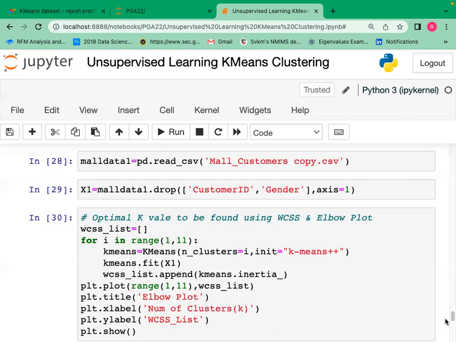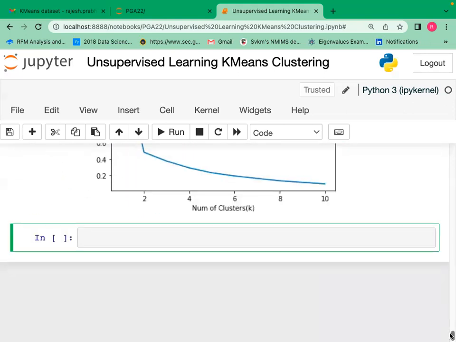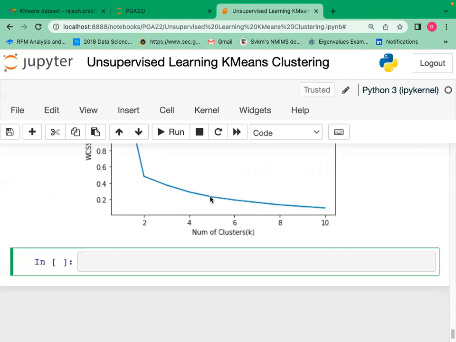Okay, so we got the number of clusters as, I think, you can see there is a small bend here also. Same thing, right? So I'm not sure. By default, we can take 5 clusters, or we can take 2 clusters only. 2 is the best option here.